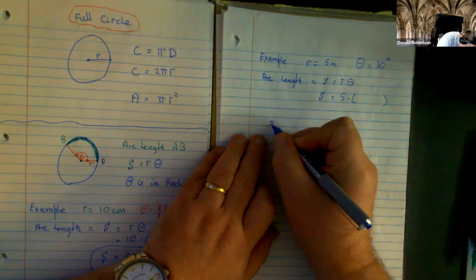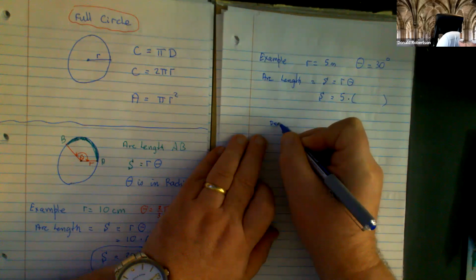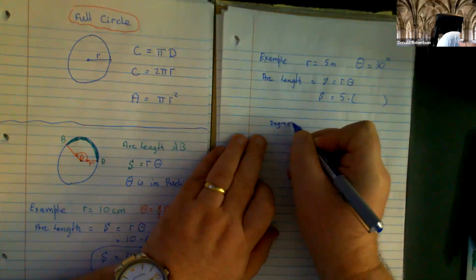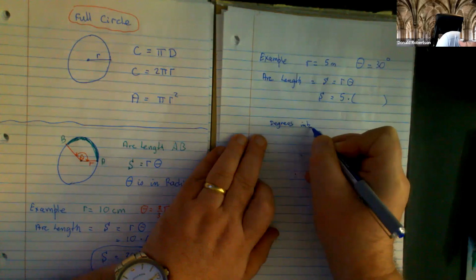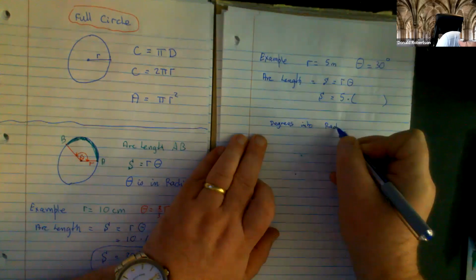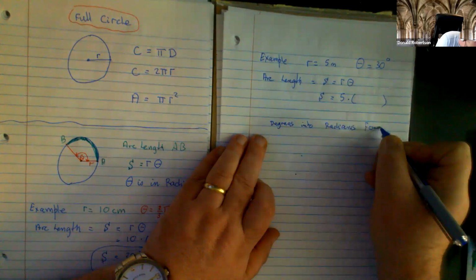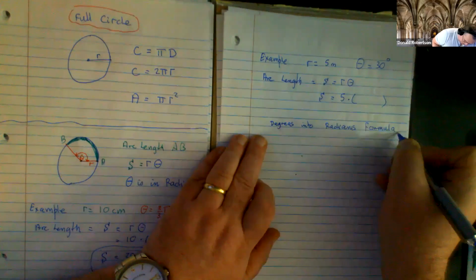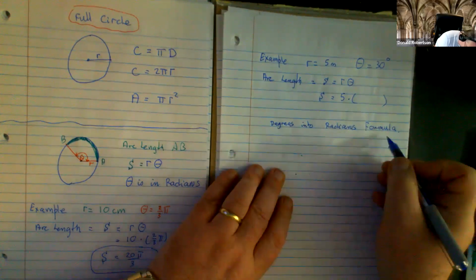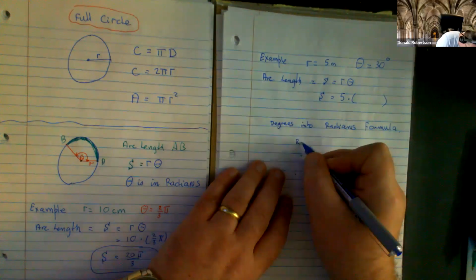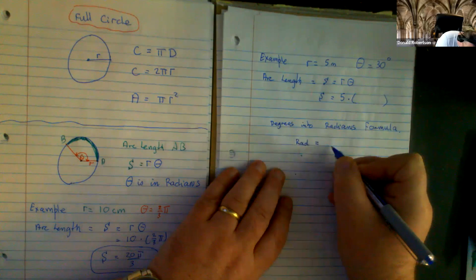Okay, so here we go. So the degrees into radians formula looks something like this. The radians will equal.